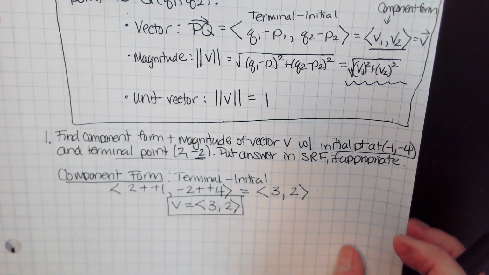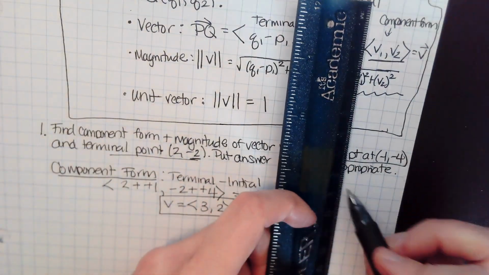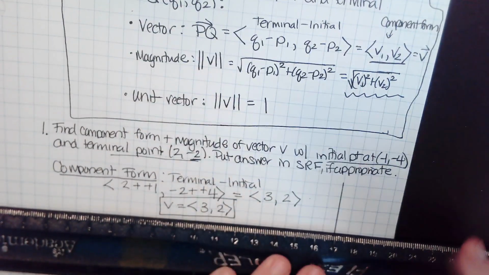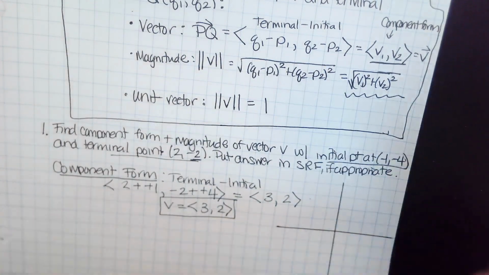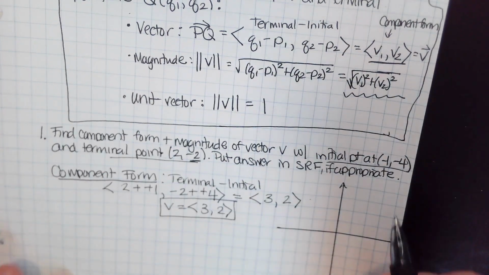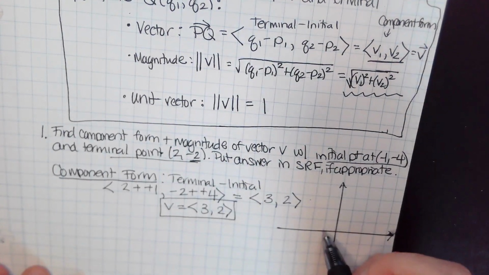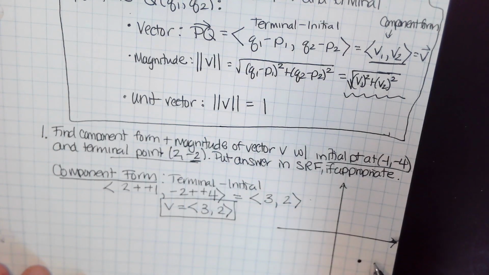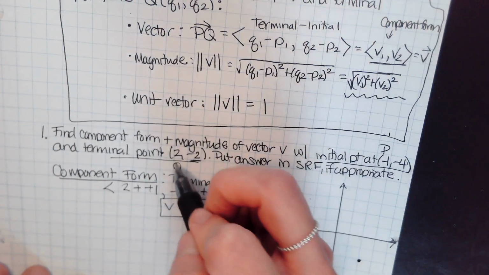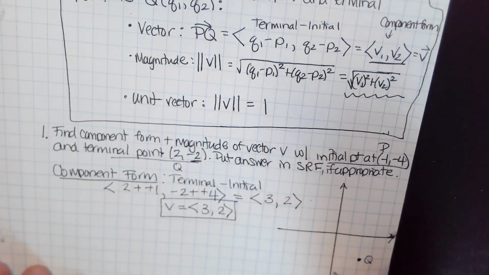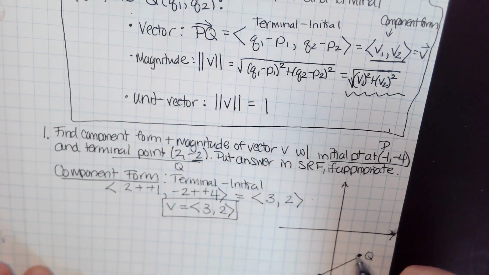So let's actually graph this just so you can see the differences here. If you wanted to graph the original, our initial point is at (-1, -4) and terminal point at (2, -2). Let's call those P and Q. Q is the terminal point, P is initial, so it's going towards your terminal point.